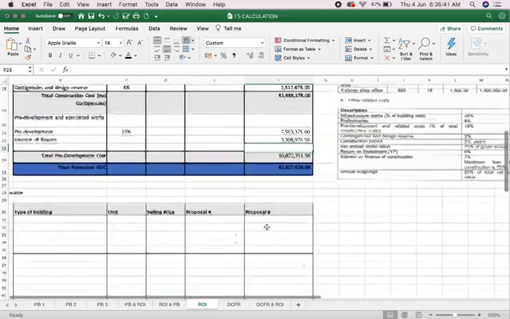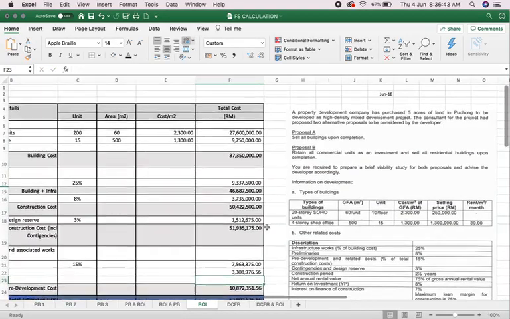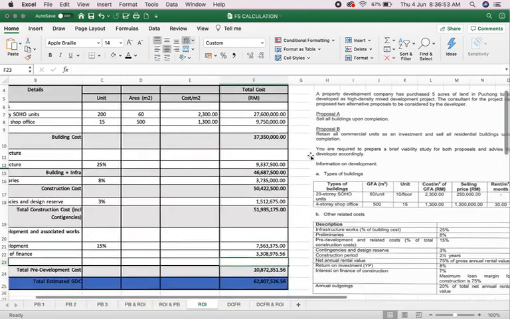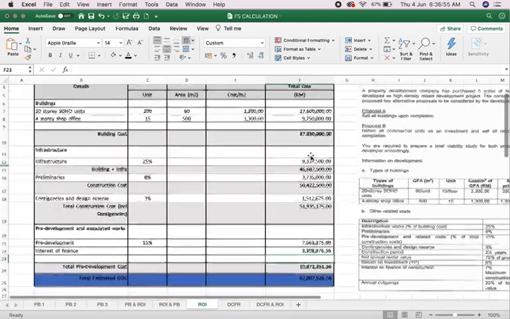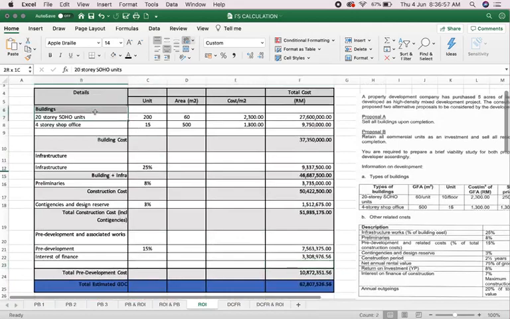So now let's look into the sales income. Sales income refers to two options. One is we sell all buildings, second is retain the commercial to be rented out, and the residential we sell. So let's copy this to the story with the unit.